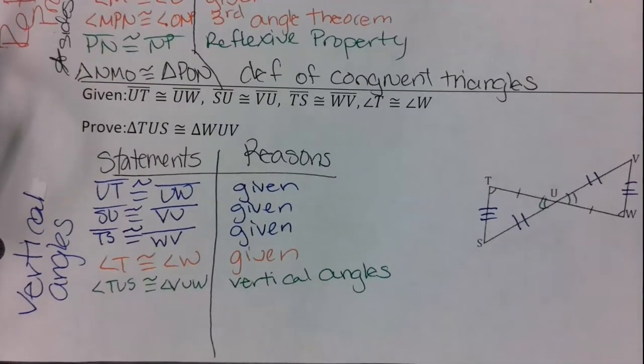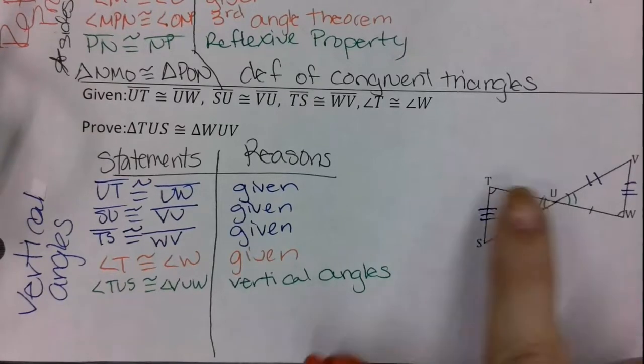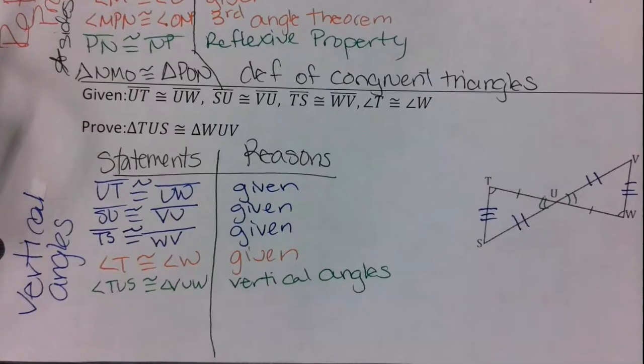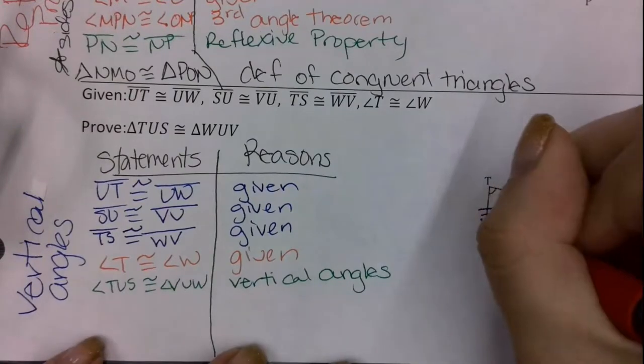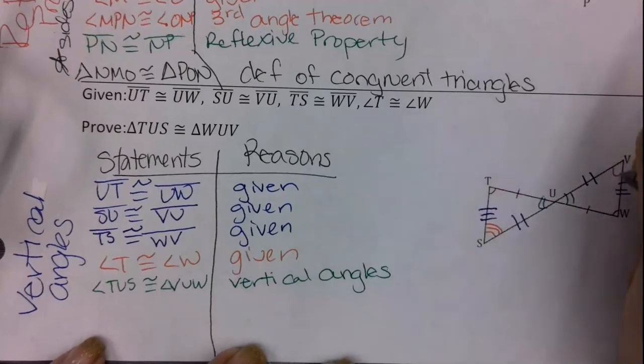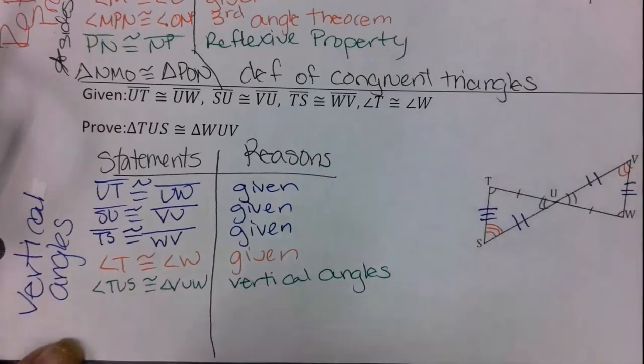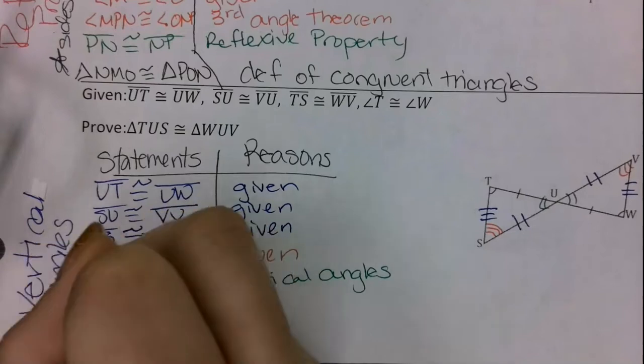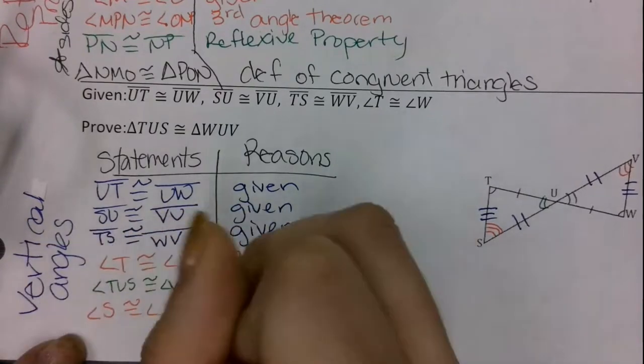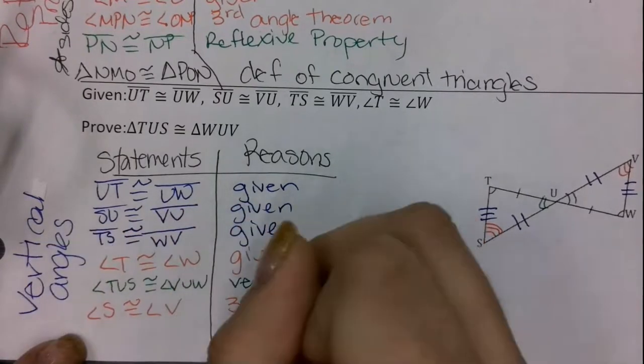So then, what do I know about angle S and angle V? I know two of my angles already in the triangle. So if two are congruent in the triangle, the third one has to be congruent. So I'm going to have angle S is congruent to angle V by the third angle theorem.